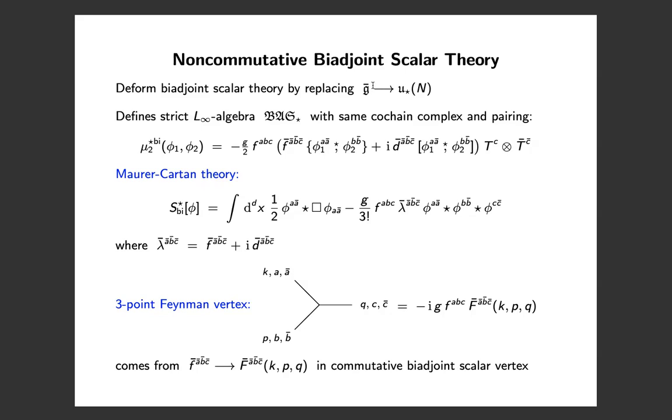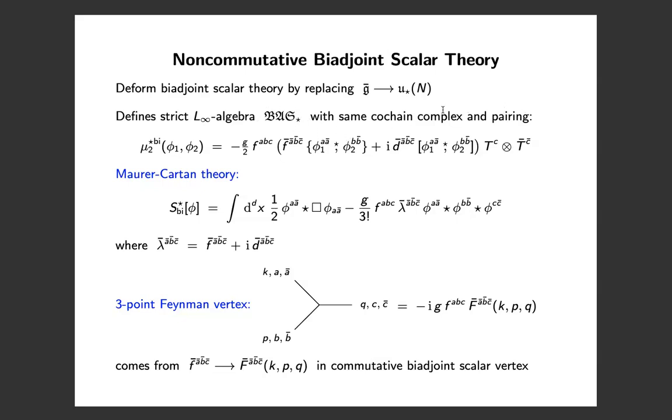So what we'll do is we'll take the ordinary biadjoint scalar theory and we'll replace one of the Lie algebra factors by a copy of this infinite dimensional Lie algebra U star of n that we defined before. Remember, this was the thing that mixed color with kinematics. And by doing that, remember I wrote down the formulas for the star commutator, and using that, we can get again a strict L infinity algebra, Bas star.